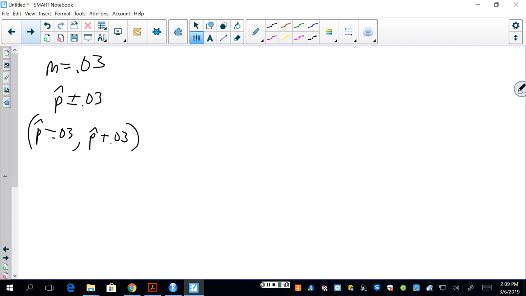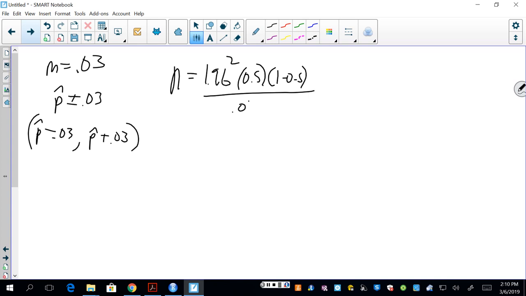Same formula, 1.96 squared. We use 0.5. The margin of error, if we've chosen that we really want to be more accurate, is going to be 0.03 squared here.